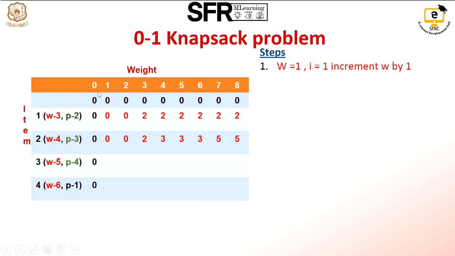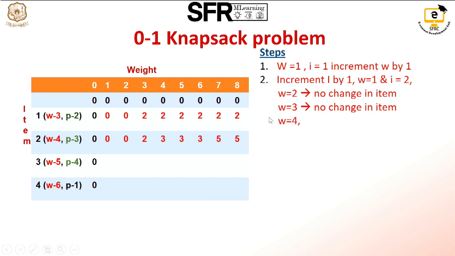Likewise, increment W by 1. When W is 2, we cannot insert the item. Then when W is 3, we can insert the item whose weight is 3, so we put the value 2 in this cell. Then incrementing W to 4 onward, we have only one item, so there is no change in the further cells.